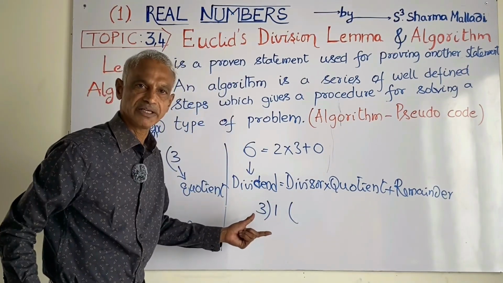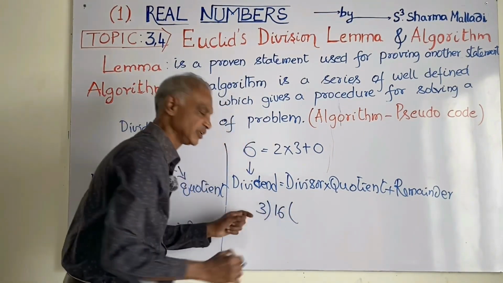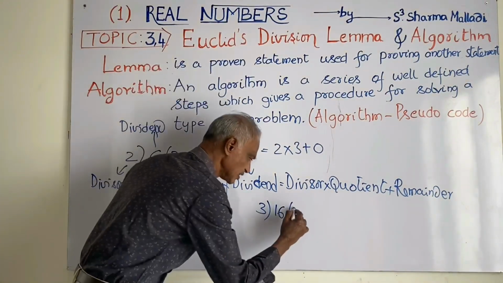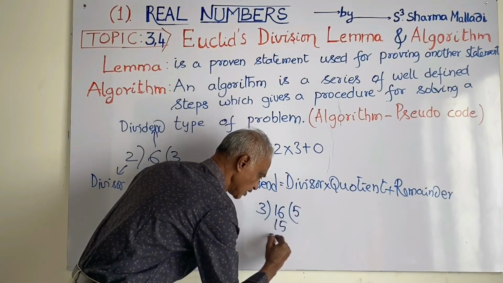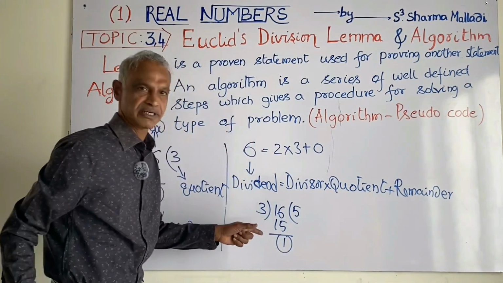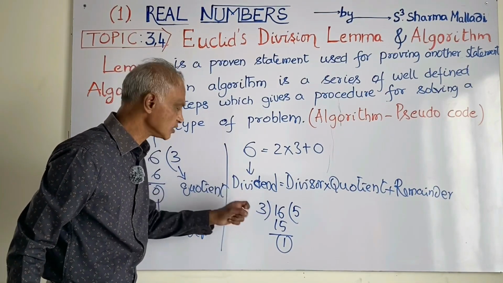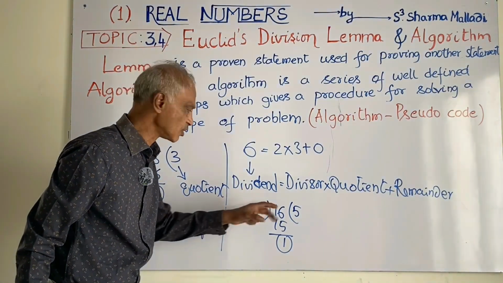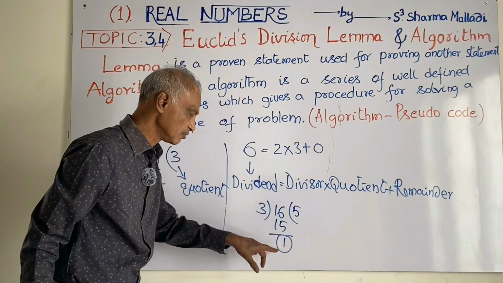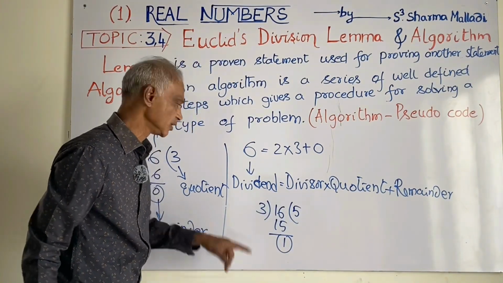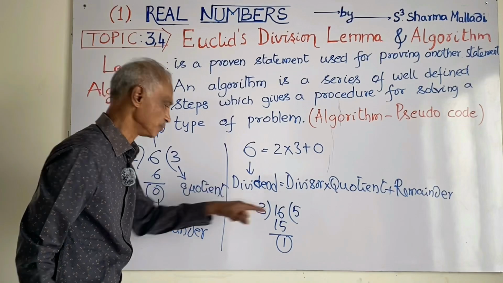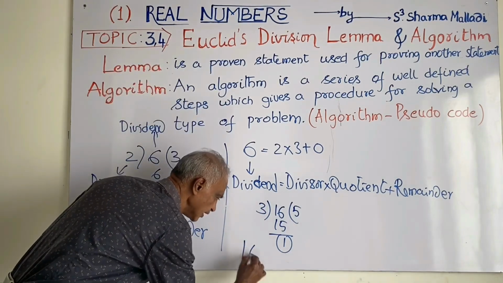Now I am dividing 16 by 3. 3 fives are 15. What is the remainder you got? 1 is the remainder. 16 is the dividend, 3 is the divisor, 5 is the quotient, and 1 is the remainder. How will you get 16?